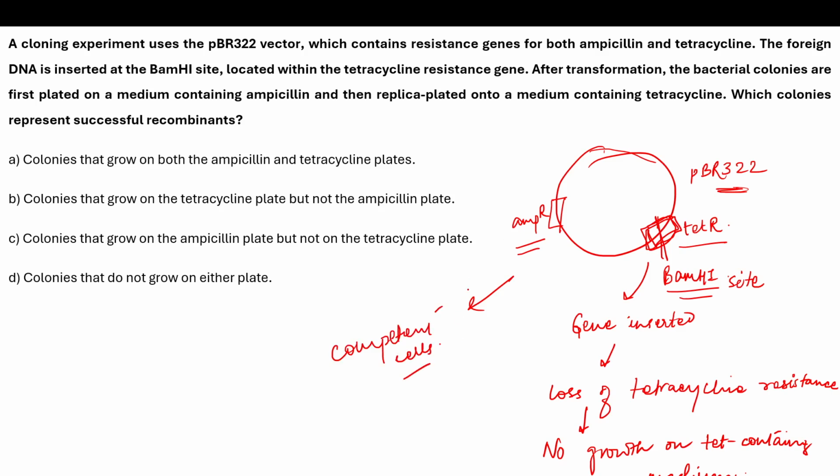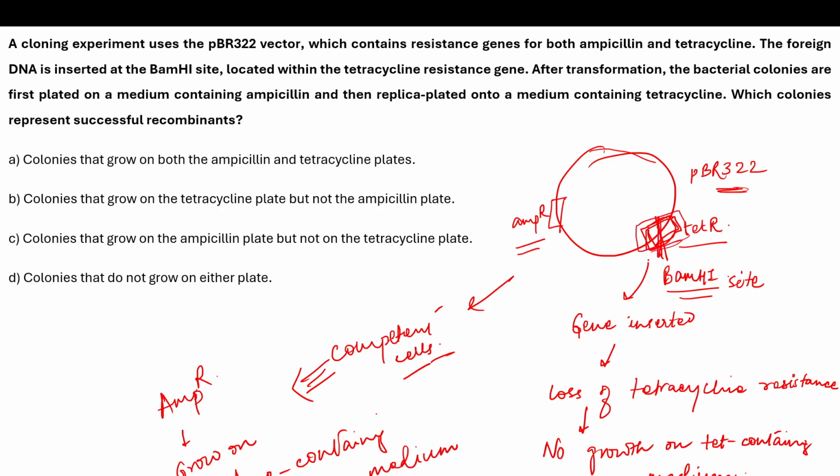So all the cells which have taken up this plasmid will definitely be ampicillin resistant and will grow on ampicillin containing medium. However, because of the insertion of the gene here at the tetracycline resistance region, it has lost its resistance to the tetracycline antibiotic.